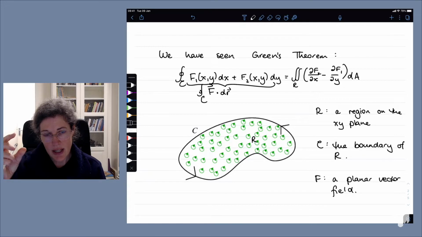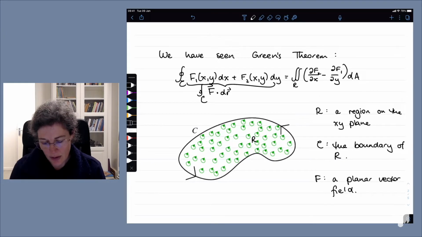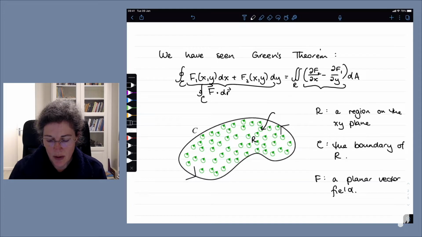And how does that relate to integrating the little curls over a whole region R? And remember, this was the k component, because Green's theorem is for a planar vector field.